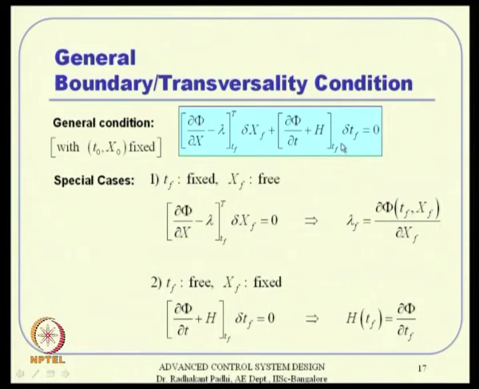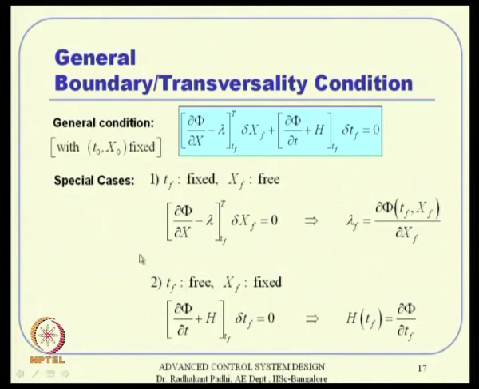As a special case, if Tf is fixed but Xf is free, which we have discussed just now, then obviously the variation of Tf is not there, so that is 0. You are left with this coefficient equal to 0, and hence lambda f is equal to lambda at Tf, which is del phi by del x at Tf, which we have already seen.